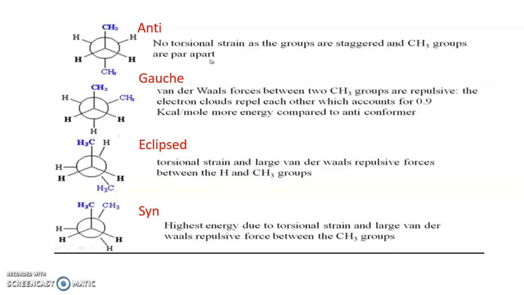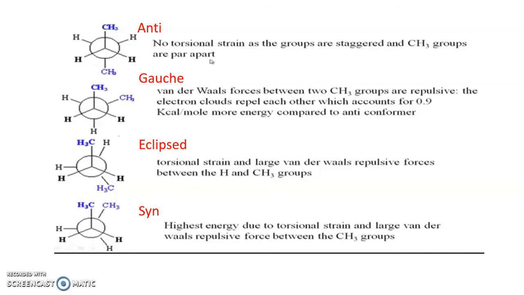That's why it has the minimum energy. In gauche, there will be van der Waals repulsive force acting between the two methyl groups, and steric strain is also possible. So it will have higher energy than the anti.